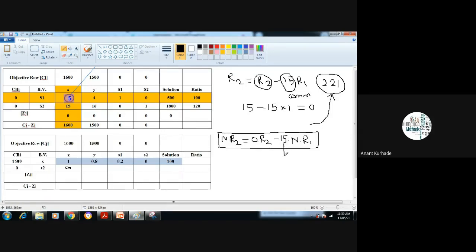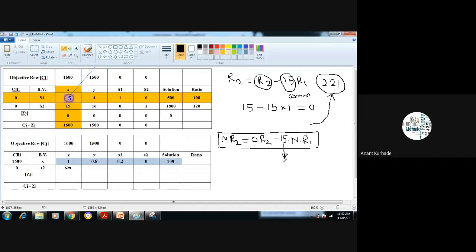Here again we can rearrange this 15 by using another name. So we can write NR2, new value of R2, is equal to old value of R2 minus the corresponding value. That 15 means what? We are writing the value for row number 2, and this value is again from row number 2.